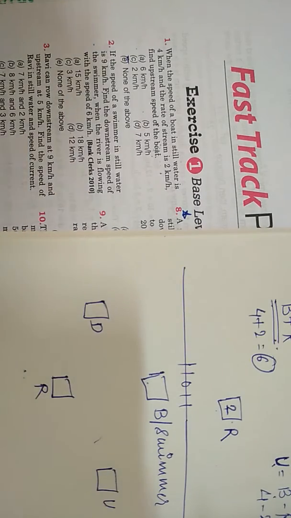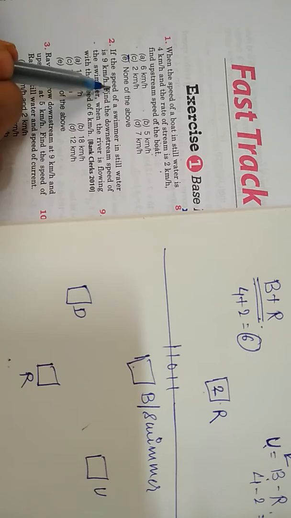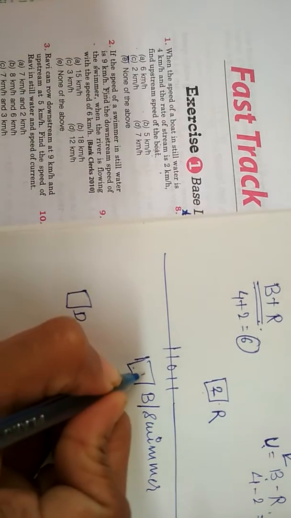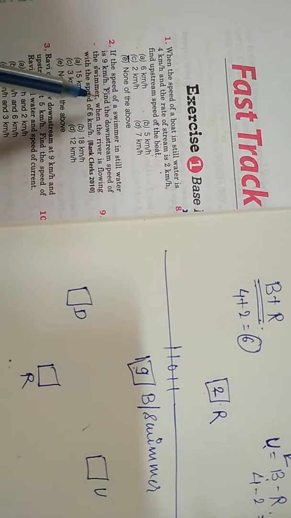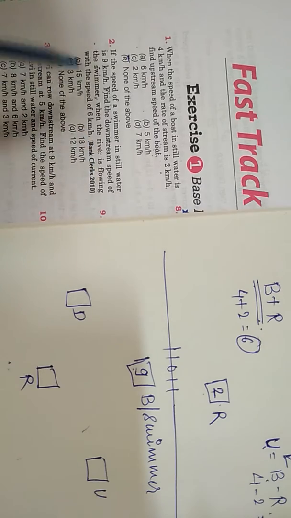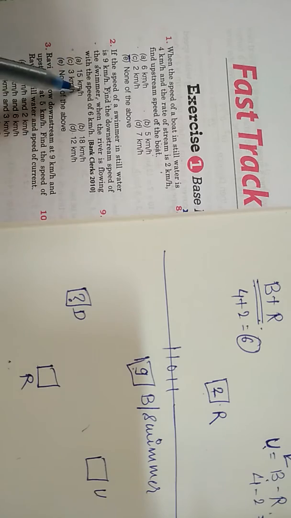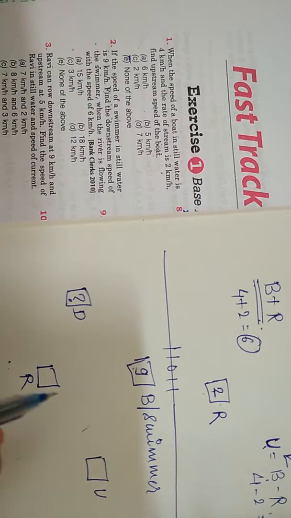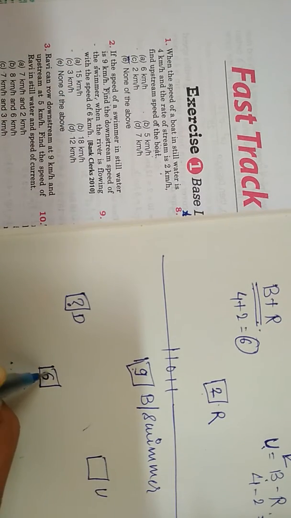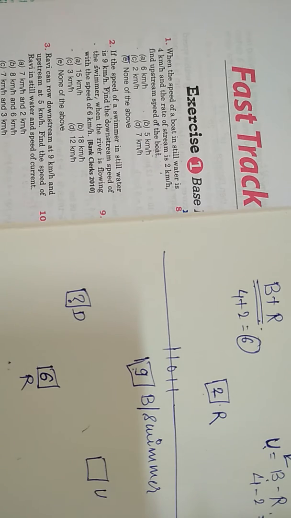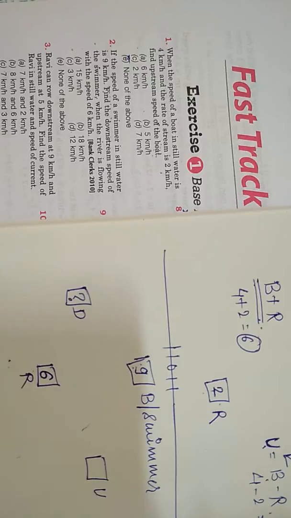So what they have given is the speed of a swimmer, 9. So here we'll have 9. Find the downstream speed of the swimmer. So you have to find this, when the river is flowing at the speed of 6 km. What I had said: the downstream speed is boat plus river. Don't learn formulas.